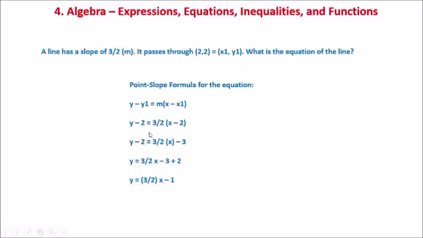When I change sides, I need to change the sign. So I don't want minus 2. I'm going to change the side. So the minus 2 becomes plus 2 on the right hand side. Everything on the right hand side is exactly the same, but now minus 2 has become plus 2 on the other side. So now I just simplify. y equals 3 over 2 times x minus 3 plus 2, which is minus 1.